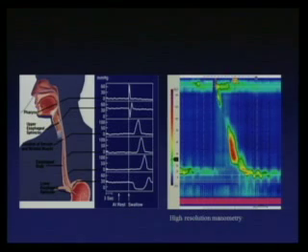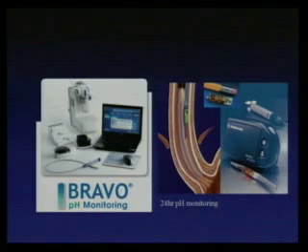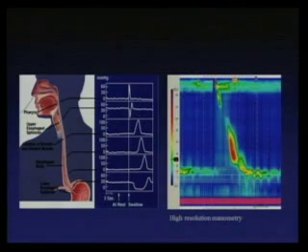And this allows the computer to then generate an esophageal pressure topography in a somewhat three-dimensional form that depicts the pressure gradients within the esophagus. And this gets depicted in different colors on the manometry readout, so that areas of low pressure are in blue, and high pressures are in red.